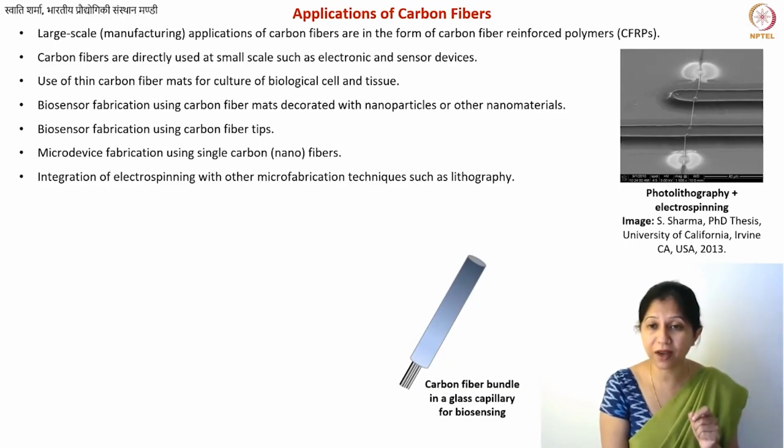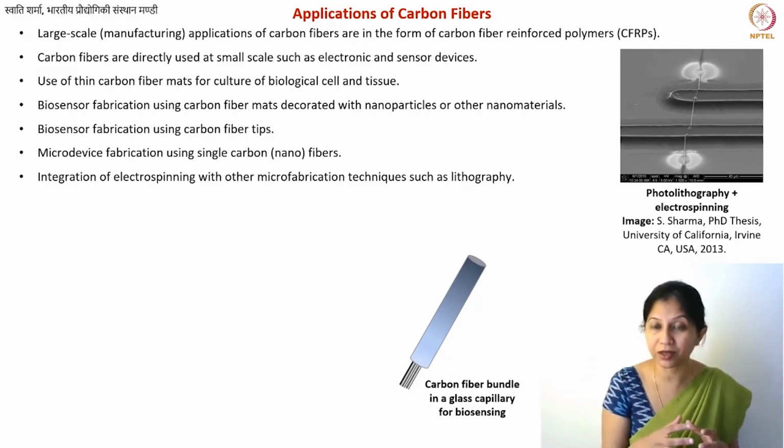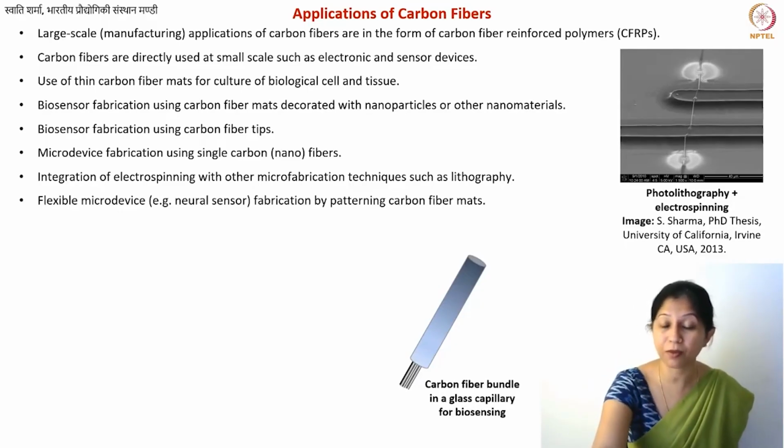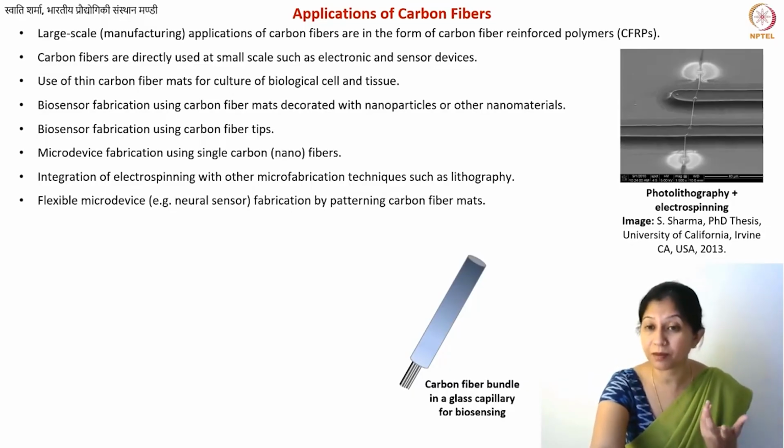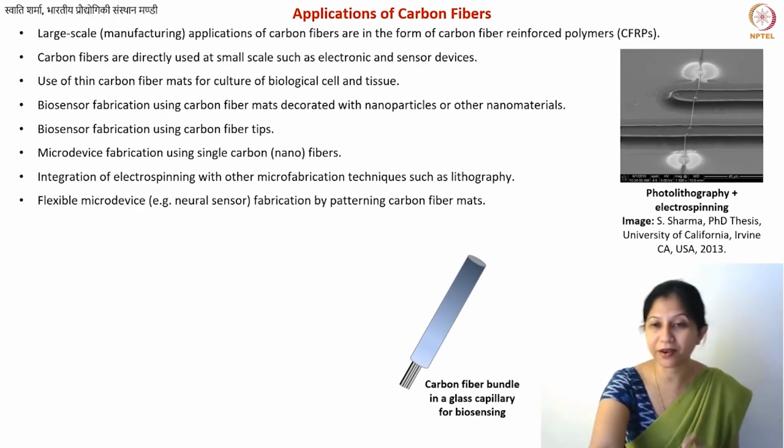If you also have a fiber suspended on top of them, then this entire assembly can be converted into carbon. So now you have the entire carbon structure, and you can perform your sensing using that individual fiber. You can even perform Joule heating on that fiber, and you can use it as a CVD substrate, for example. So there are multiple applications where you can combine other microfabrication techniques with electrospinning.